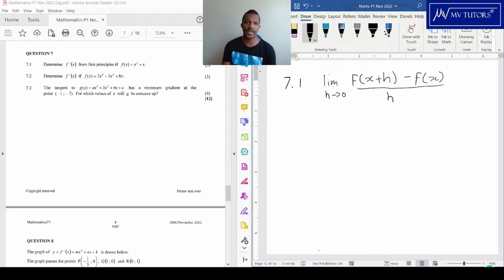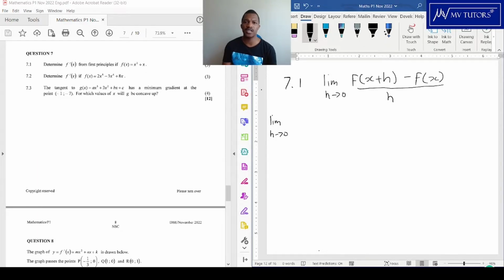What does this mean? It means where we have an x in the equation, we substitute x plus h.